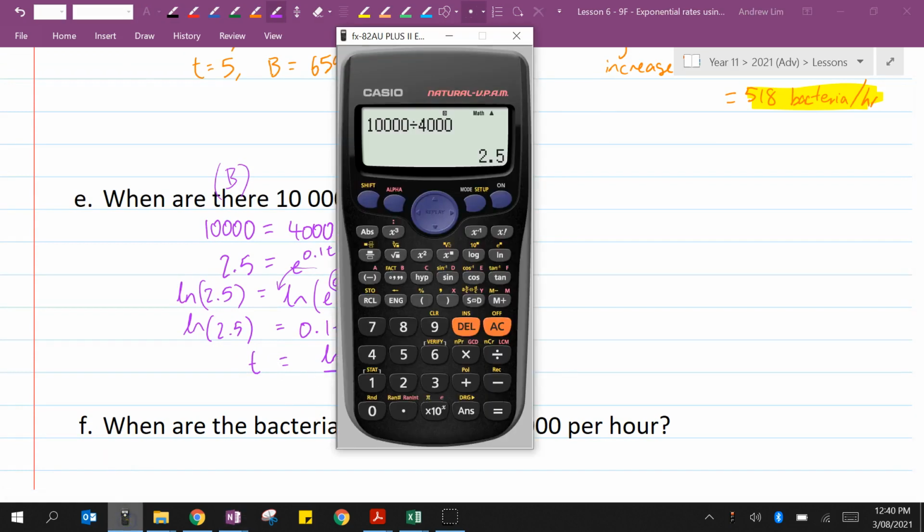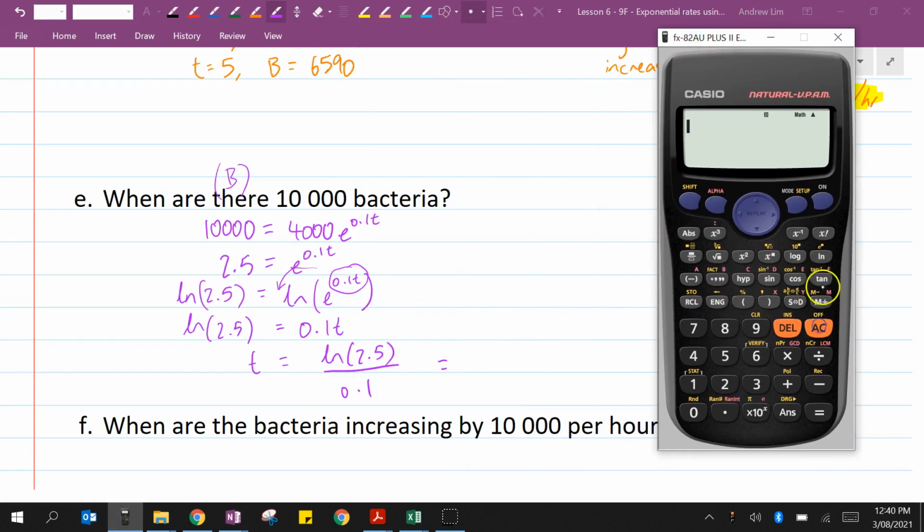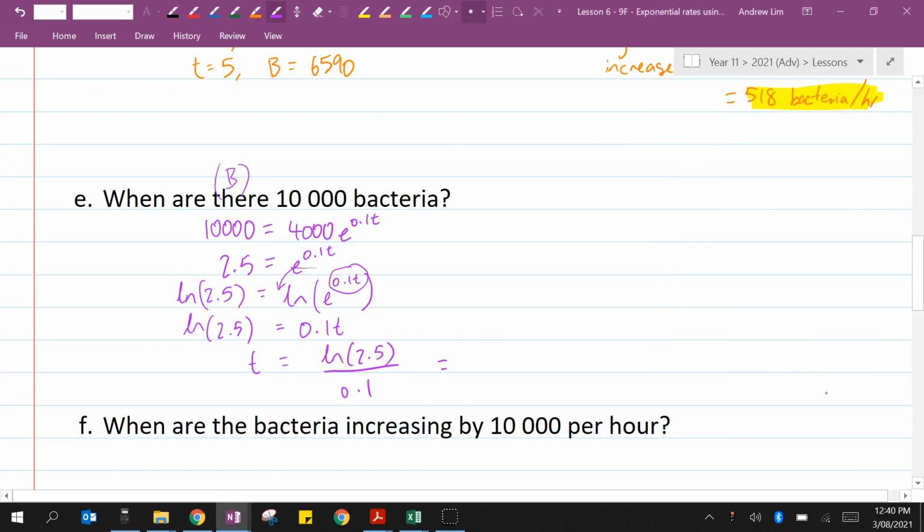So let's put that in our calculators. ln of 2.5 over 0.1, which is 9.16 hours.